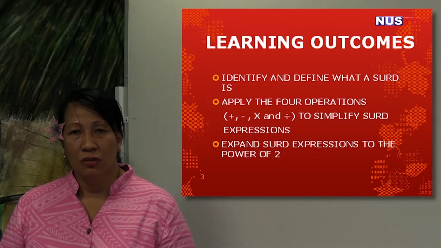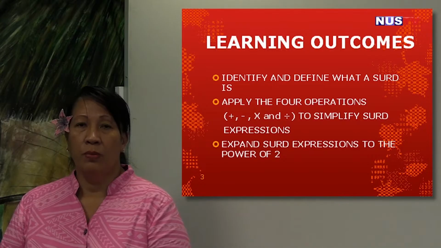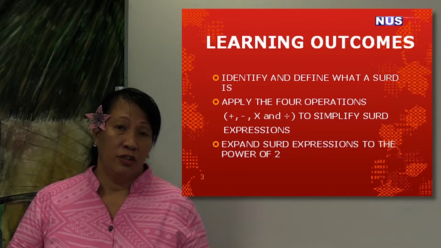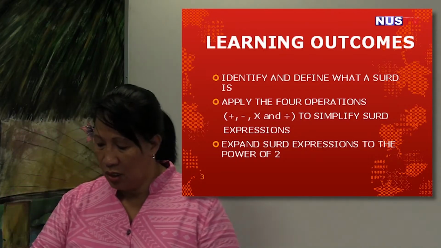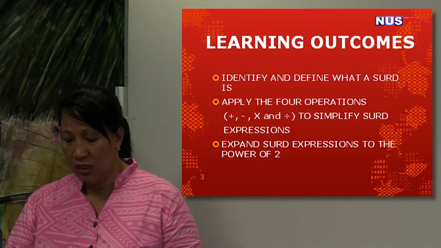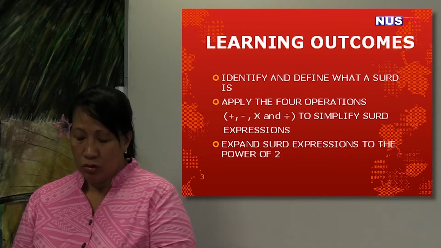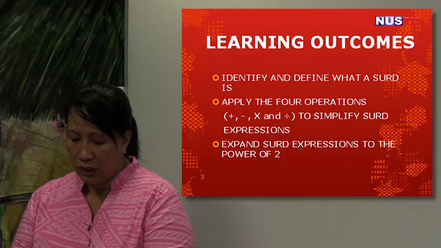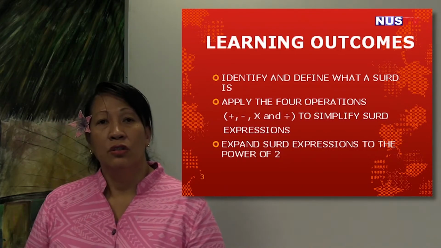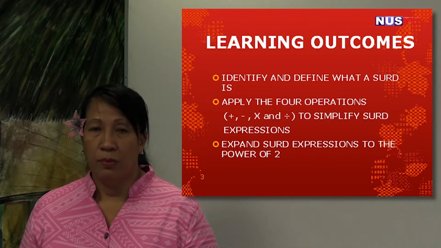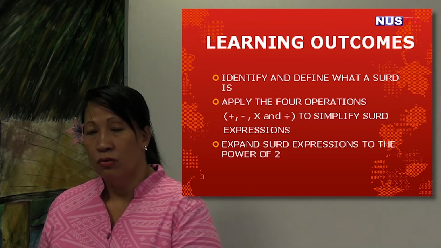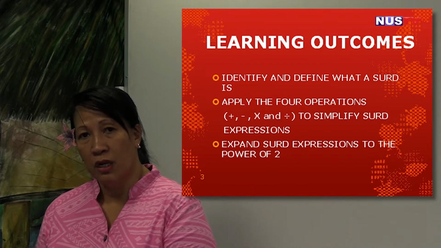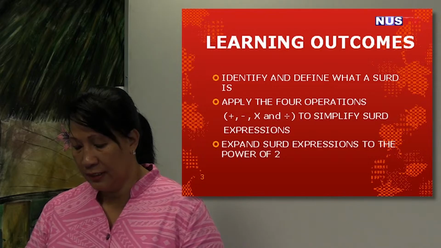We are to learn how to apply the four operations, which are addition, subtraction, multiplication, and division, to simplify surd expressions. We also have to learn how to expand surd expressions to the power of 2. Those are our learning outcomes for this substrand for mathematics.